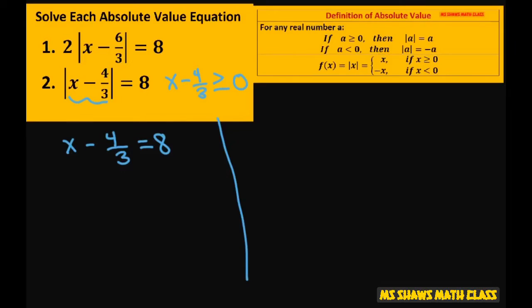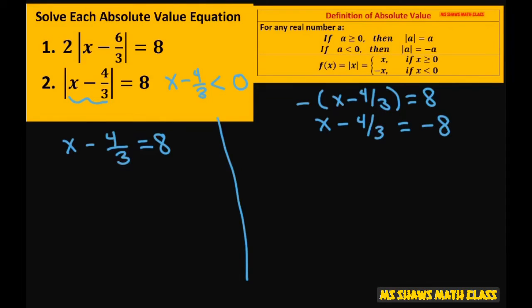All right, and if x minus 4 thirds is negative, then you're going to write this as negative x minus 4 thirds equals 8, or you can write it as x minus 4 thirds equals negative 8, which is the standard way usually. It makes it easier.